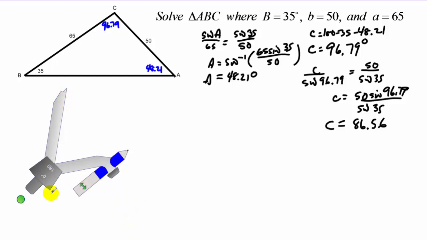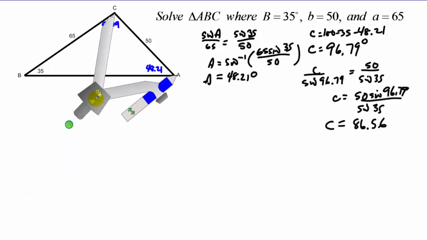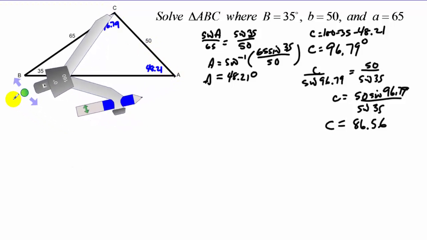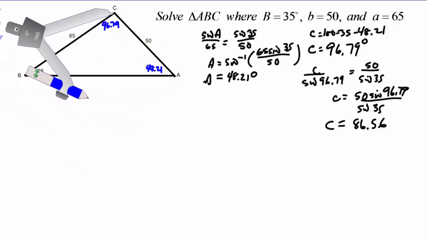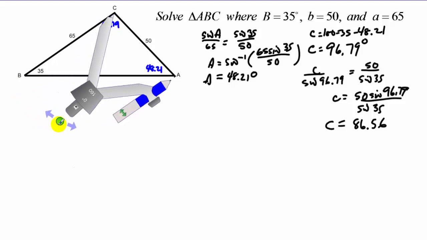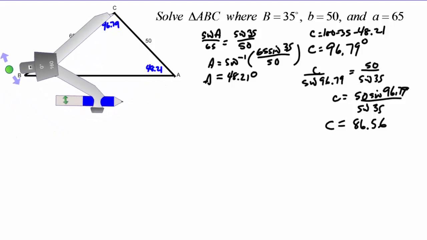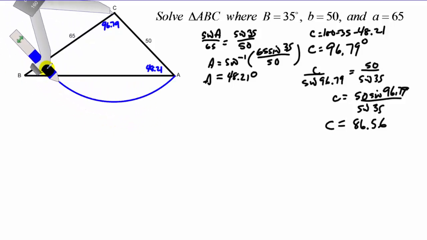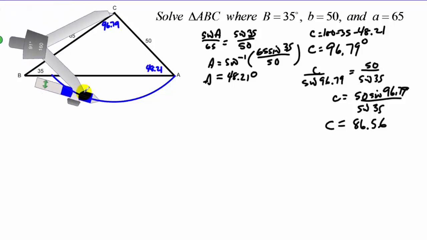So I bring this point up here and say, right now the distance from C to A is 50. Now if I swing this, I create an arc, and on that arc I am equidistant from that point C. So let's go ahead and actually draw this now. Here's that arc, and notice that arc comes back and hits the triangle again.